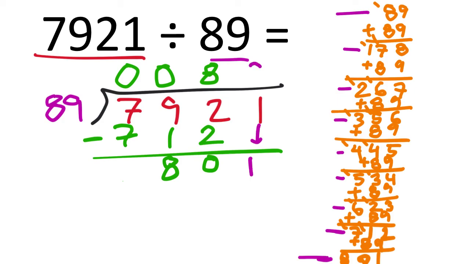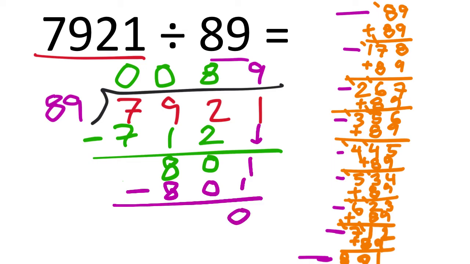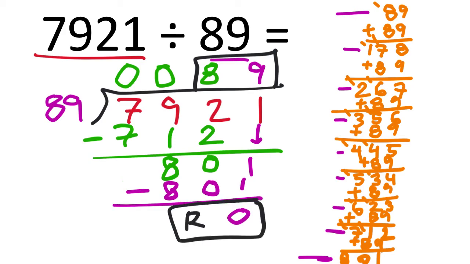So I'm just going to list that there as my quotient. The 9 times 89, that's 801. So when I subtract it, I just have 0 remaining. Who knew? 89 went into 7,921 evenly. Again, you'd have the two parts of your answer. You got the 89 as the quotient with the remainder of 0.